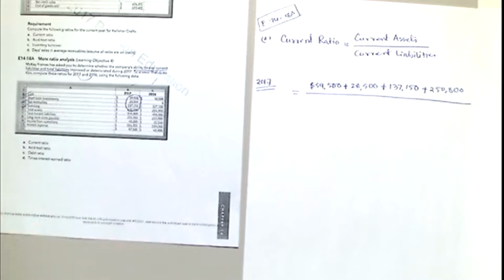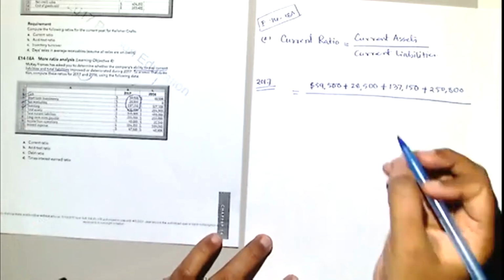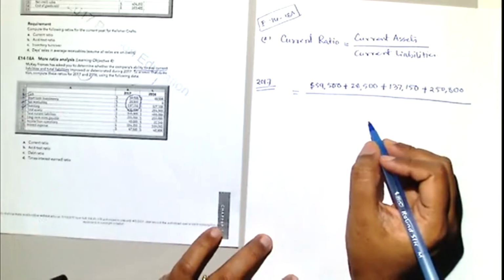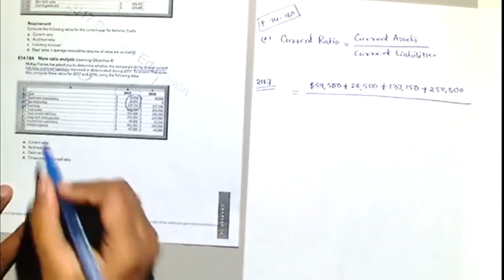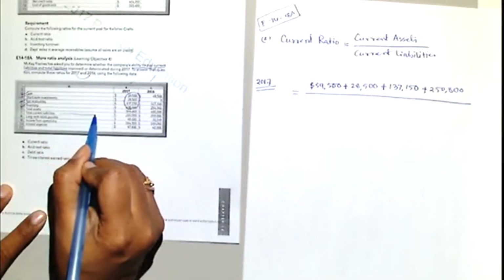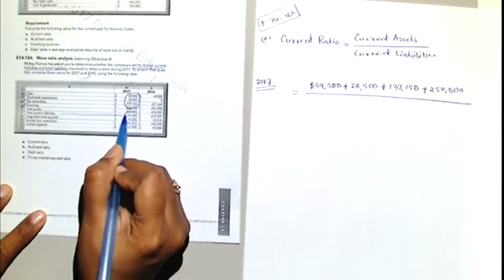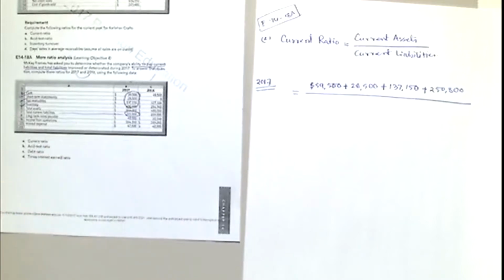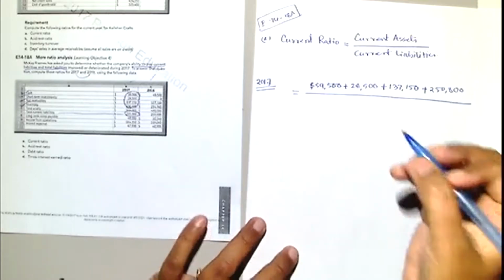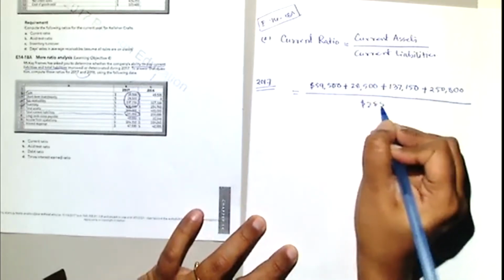Now, Adam will tell me what your current liabilities are. It's actually given here, total current liabilities for 2017. Courtney, you want to tell me? Total current liabilities? 285,000.